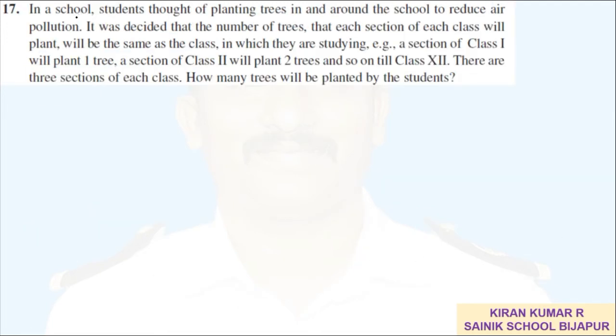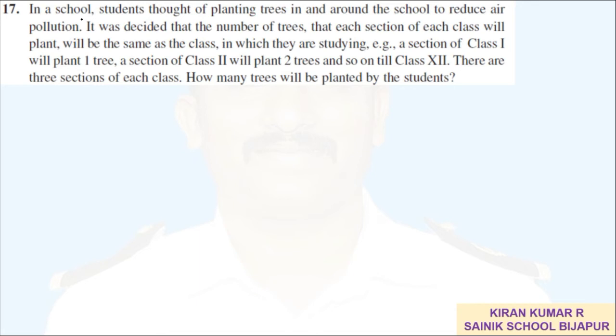Question number 17. In a school, students thought of planting trees in and around the school to reduce air pollution. It was decided that the number of trees that each section of students of a class will plant will be the same as the class in which they are studying.